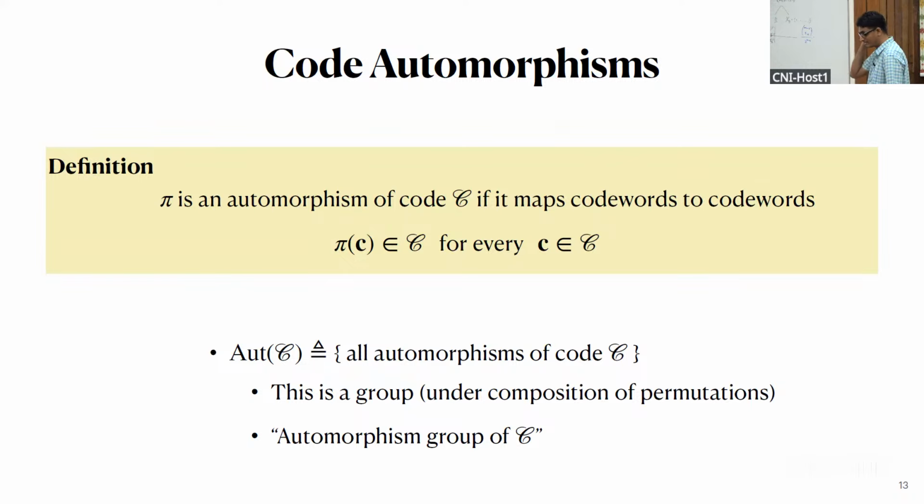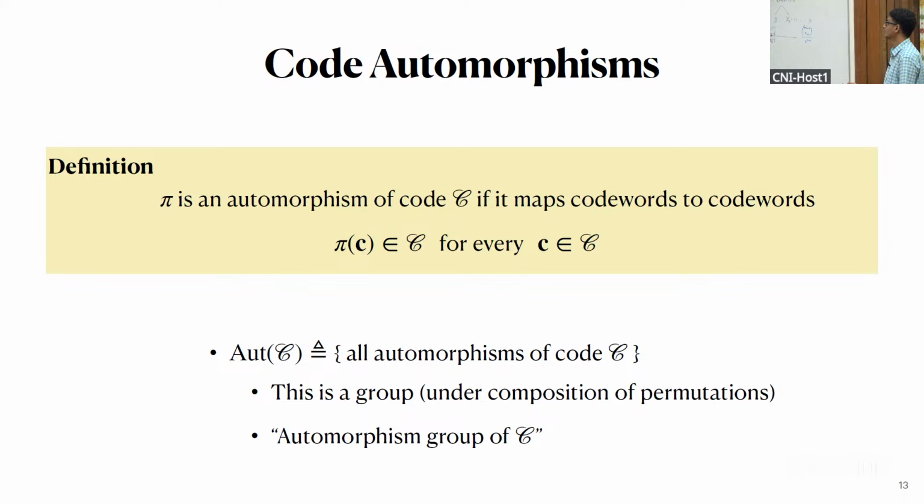Right. So what do I do with these permutations? To study the symmetry of the code, how much structure it has, one standard way is to look for those permutations which map code words into code words. So you look at only those permutations which, when acting on code words, give you maybe the same code word or some other code word in this code book. Such permutations are called automorphisms of the code.